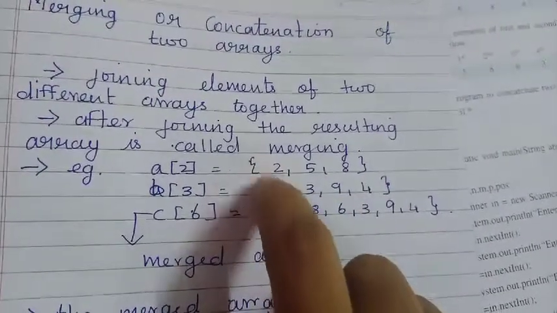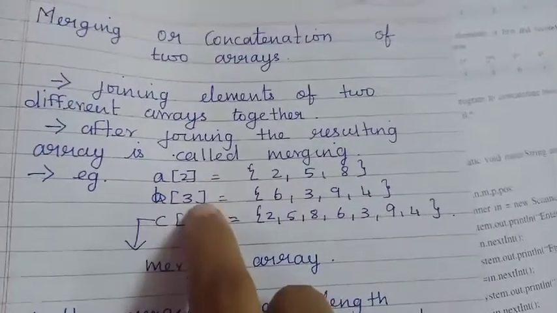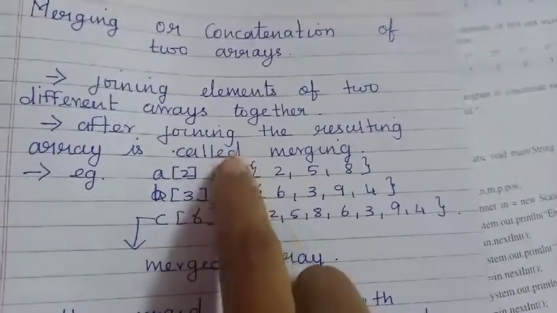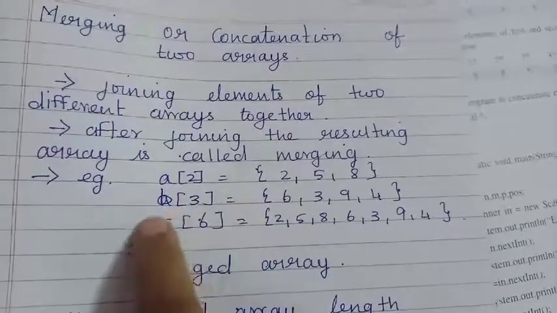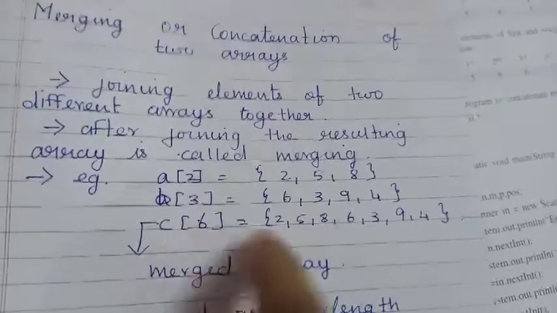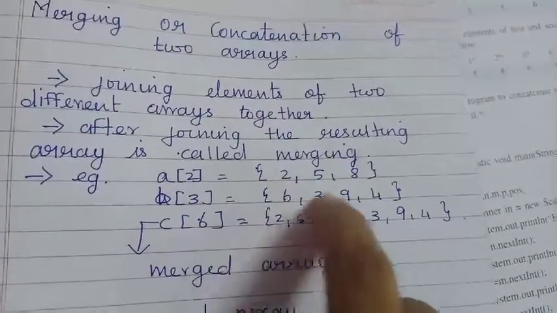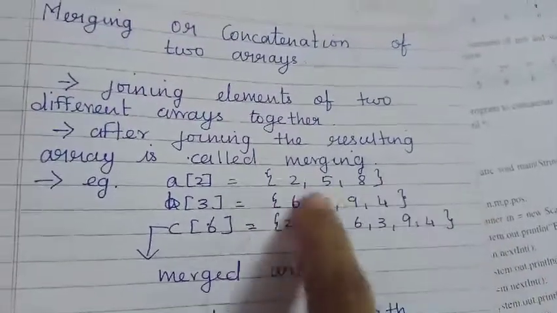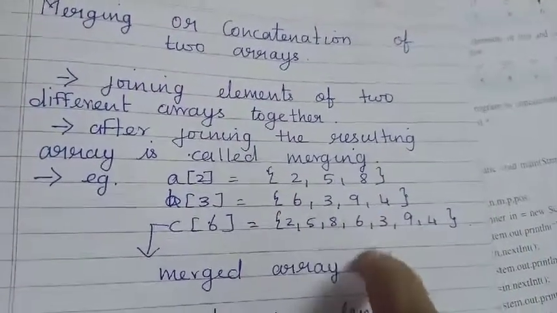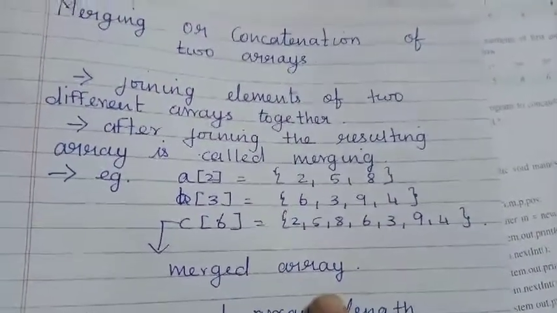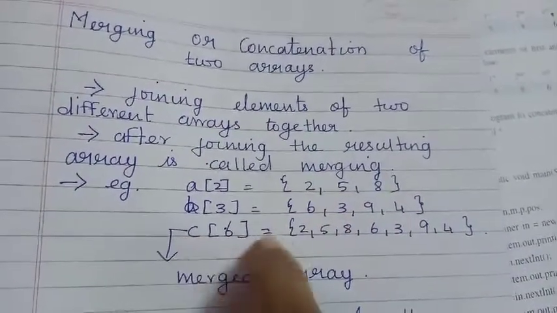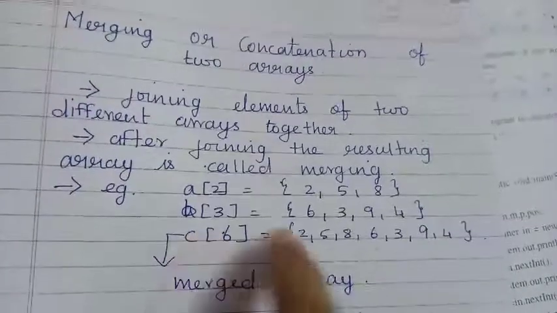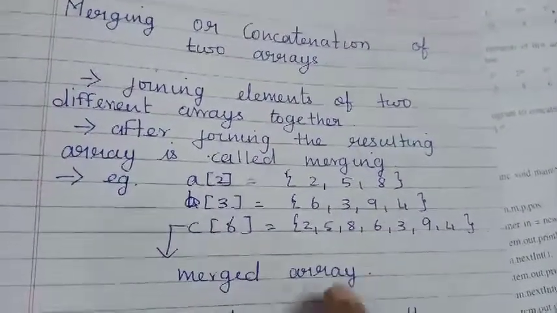So merging means you are going to join these two arrays. After joining these two arrays you are going to save them in another array called C. These elements and these elements will be combined together. That is called your merged array.